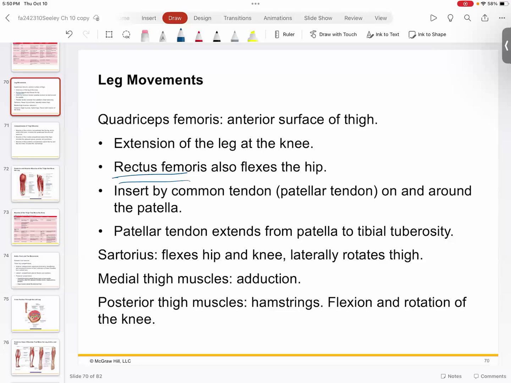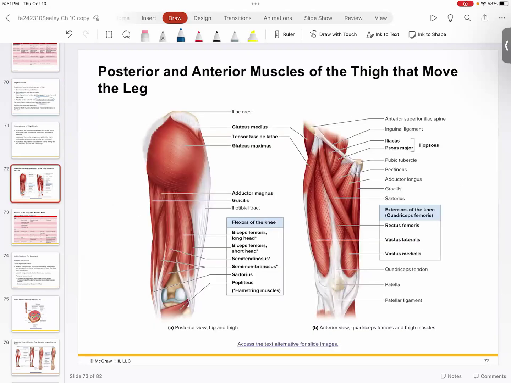And so the tendon will wrap over the patella and merge with the patellar tendon, and then it will attach to the tibial tuberosity. So it kind of wraps over your knee. And then your sartorius, which is there for lateral rotation of the thigh, and it also flexes the hip and the knee, is important. And this will also connect down by the knee itself as well.